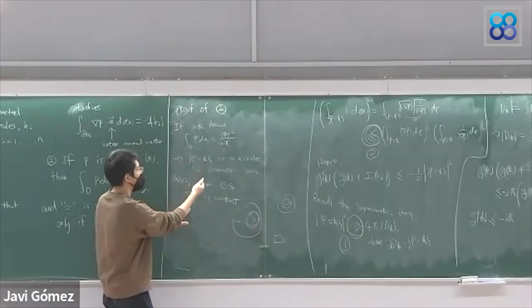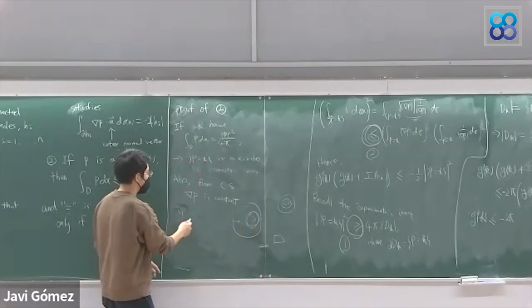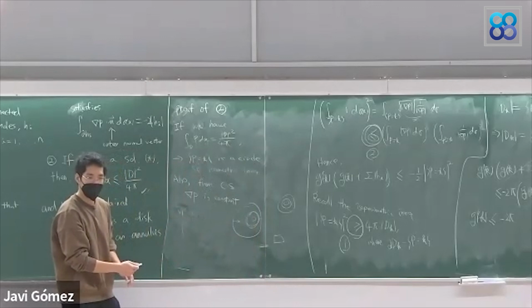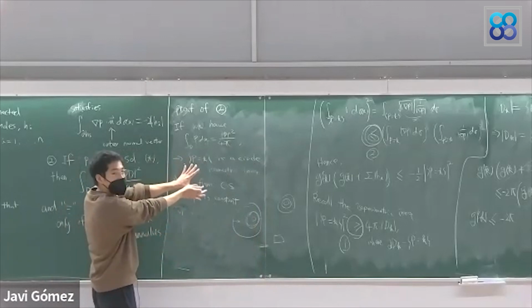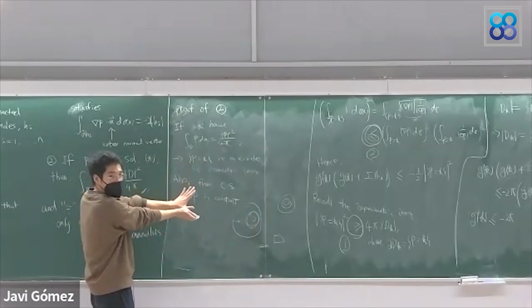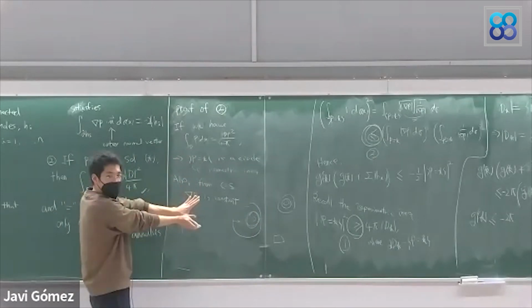So if you have a hole, then why do you think that the annulus is excluded by this? I mean, the annulus is not excluded by this.